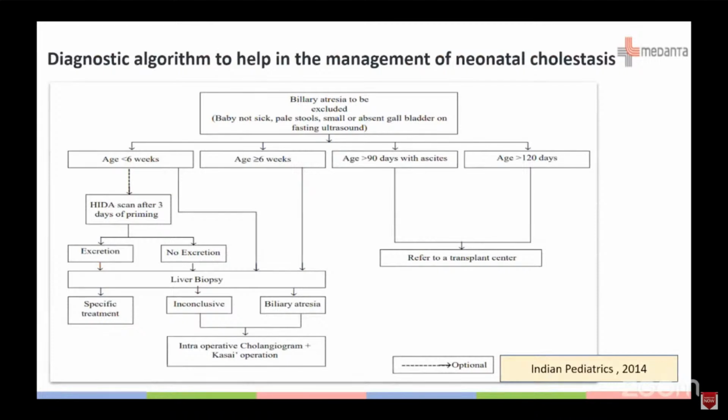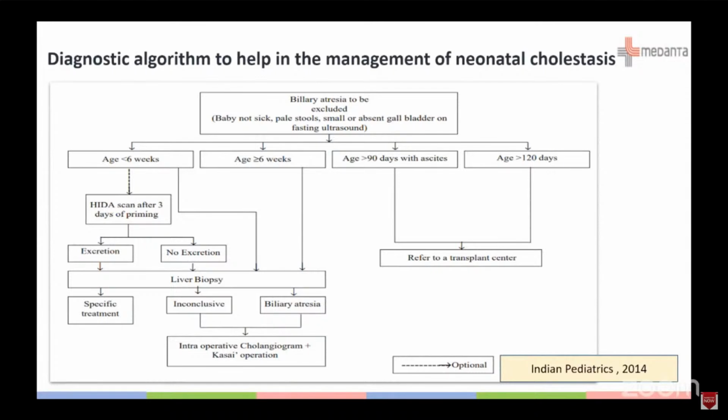So this is the diagnostic algorithm which Indian Pediatrics adopted in 2014. Basically, this algorithm suggests that we need to hurry up in the diagnosis and management of biliary atresia, because if the child crosses the day of life to undergo a Kasai portoenterostomy, then we need to put the child on the liver transplantation list.